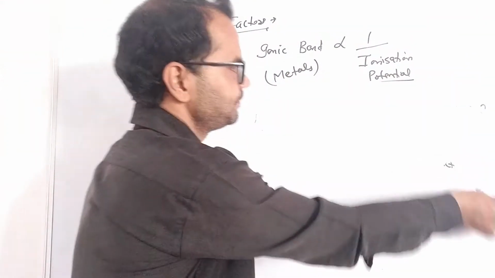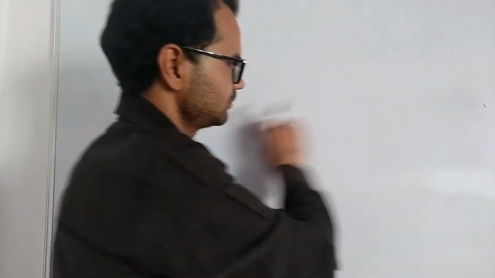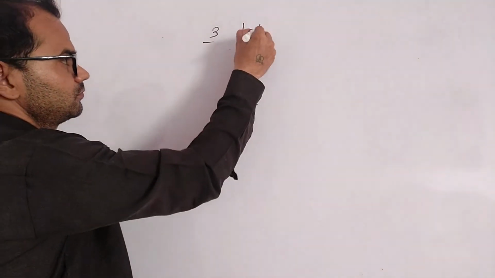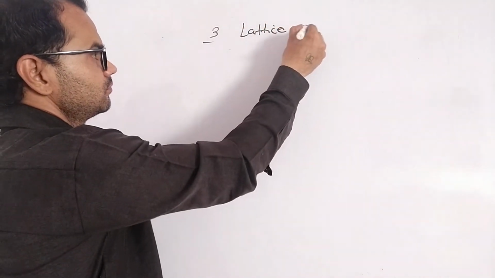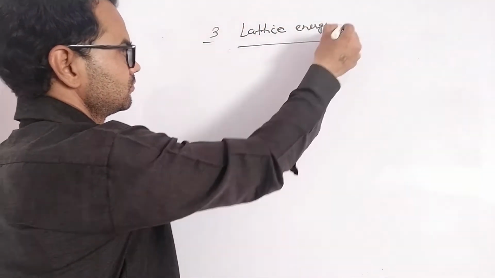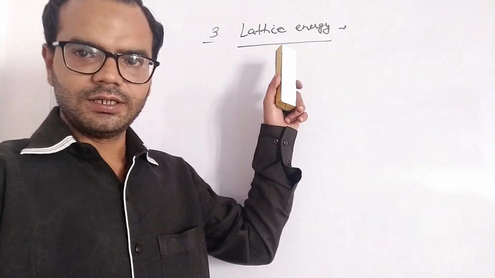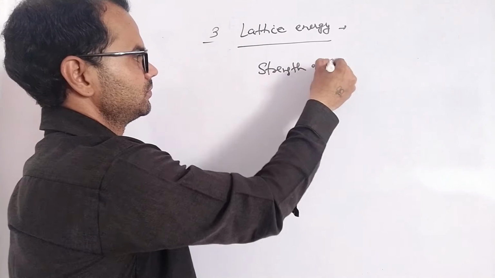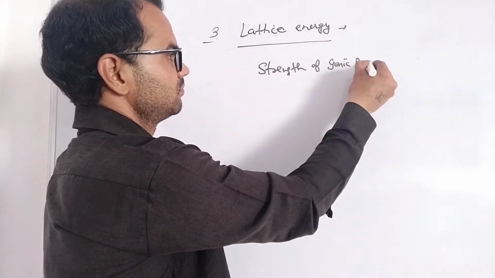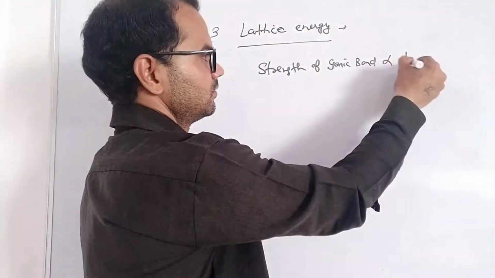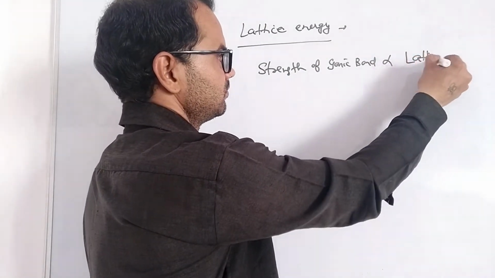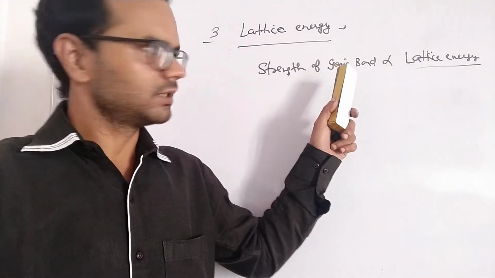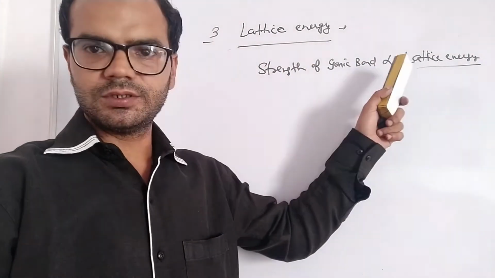Third is lattice energy. Strength of ionic bond is directly proportional to lattice energy.